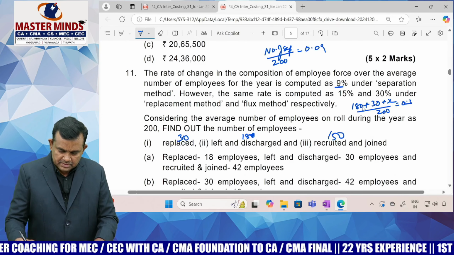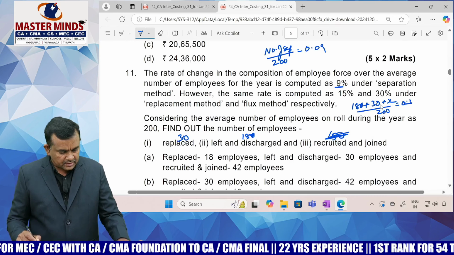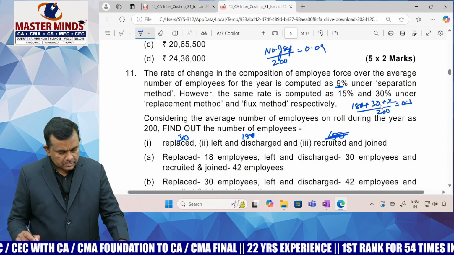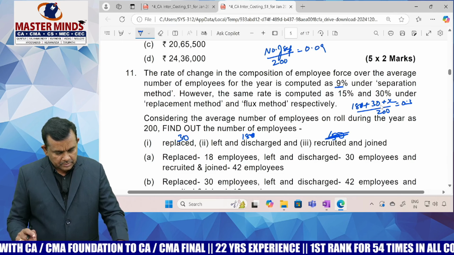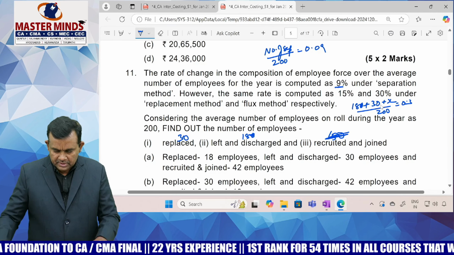Next, this is not 150 sir, 18 plus 30 equal to 48 minus 60. Sir, 12 sir answer.